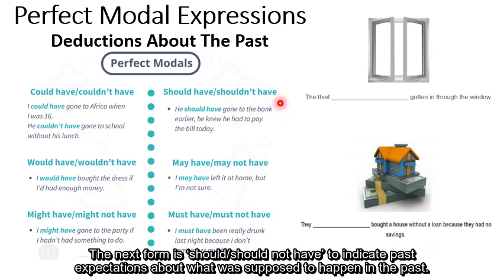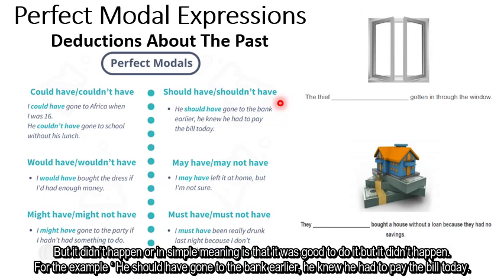The next form is should or should not have, to indicate past expectations about what was supposed to happen in the past, but it didn't happen, or in simple meaning, it was good to do it, but it didn't happen.